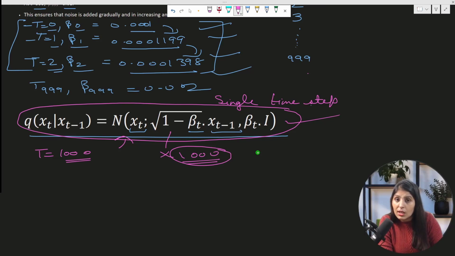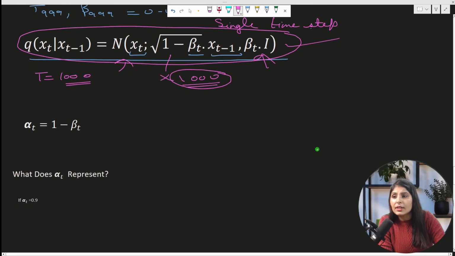We can get that image by running this formula only once, but there are going to be a few modifications. We are going to add a few more things in it. So let's understand what modifications we are going to do in this formula in order to run it only one time and get the image which we will get after 1000 time steps, which will be a pure noise. How to do that? Let's see.